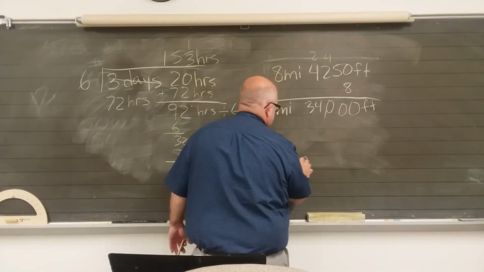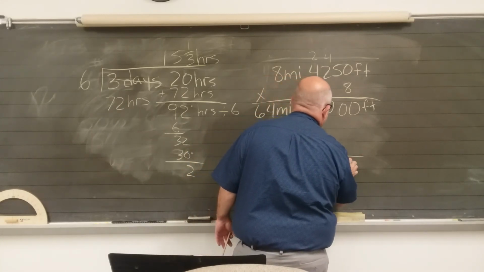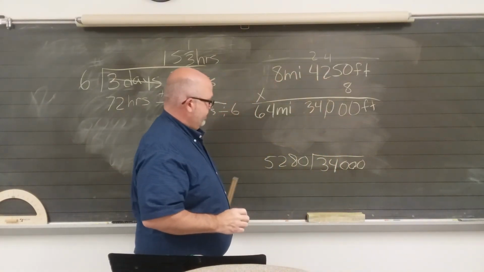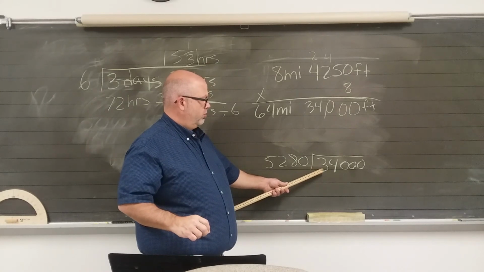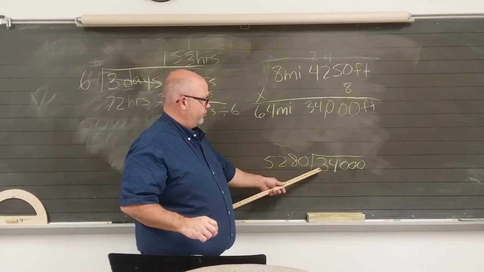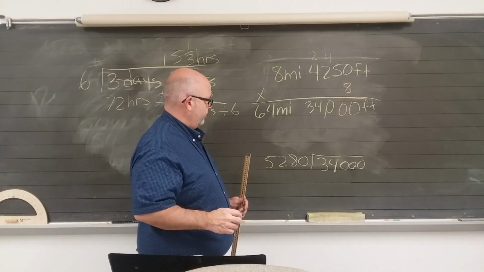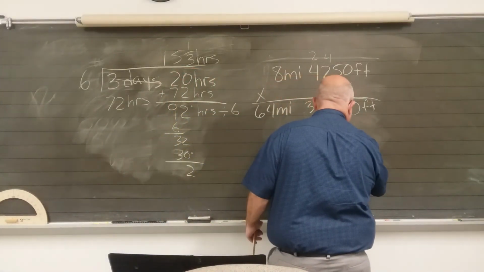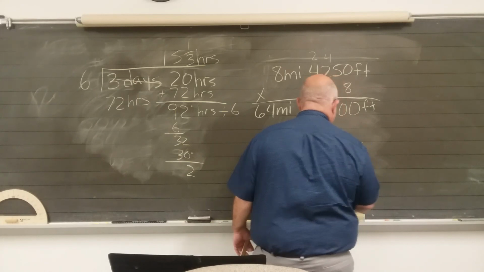5,280 into 34,000. All right, how many times does 5 go into 34? 5 into 34 is about 6. Let's try 6 once. I would say that is what it's going to be. 7 will be too high. I think 6 will work. So we have 6.